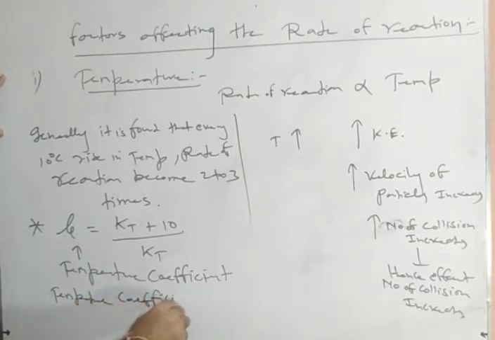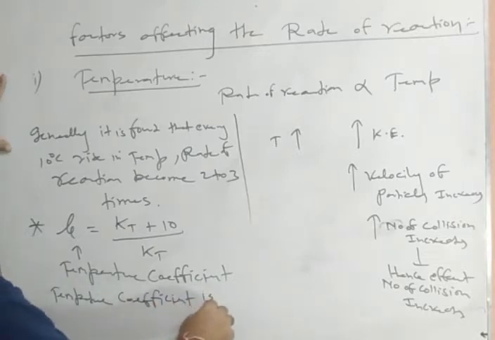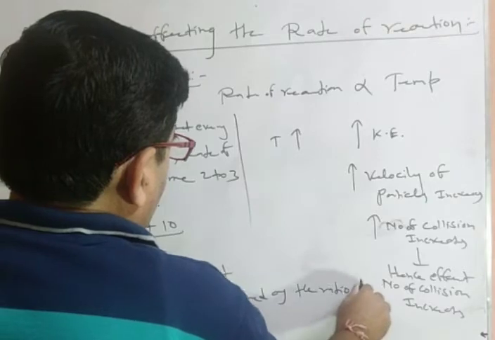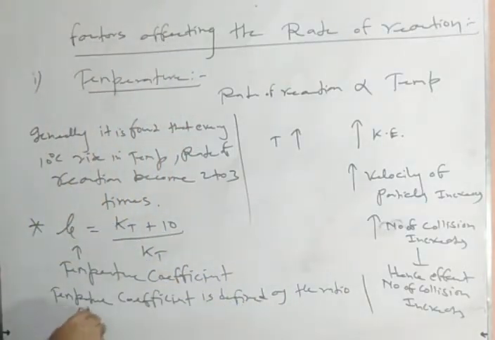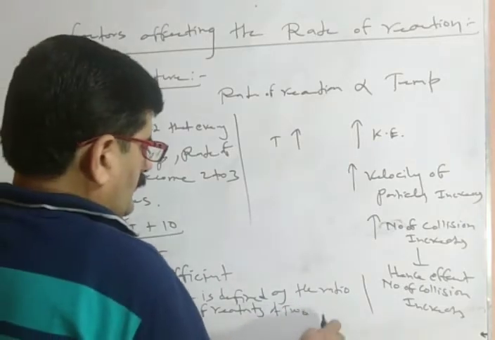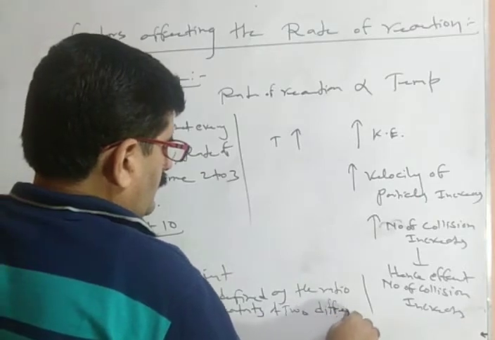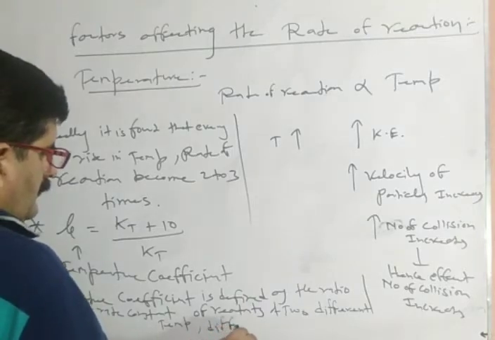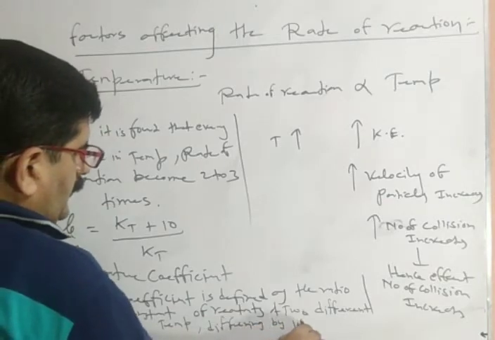Temperature coefficient is defined as the ratio of rate constant of reactants at two different temperatures, differing by 10 degrees centigrade.